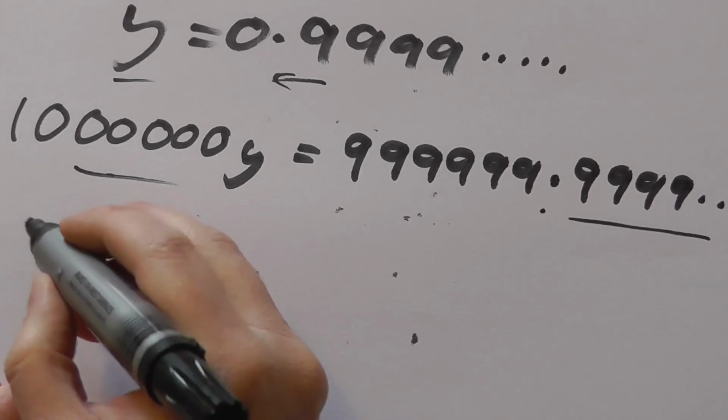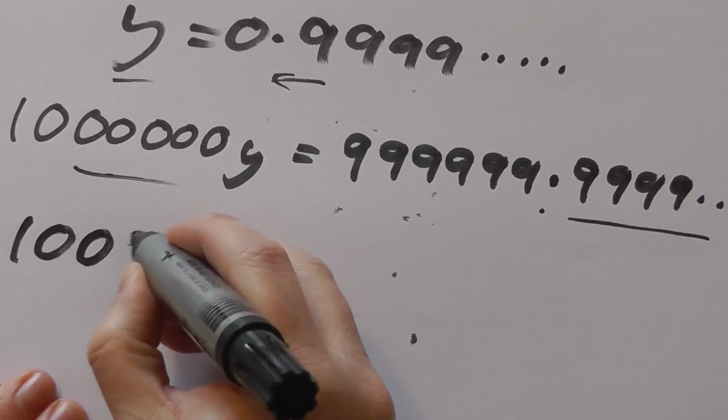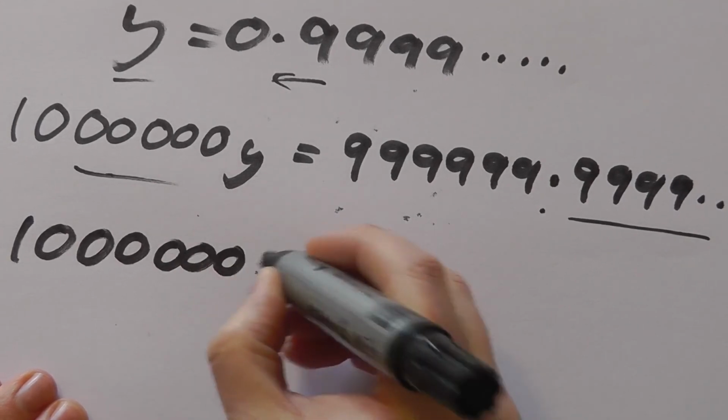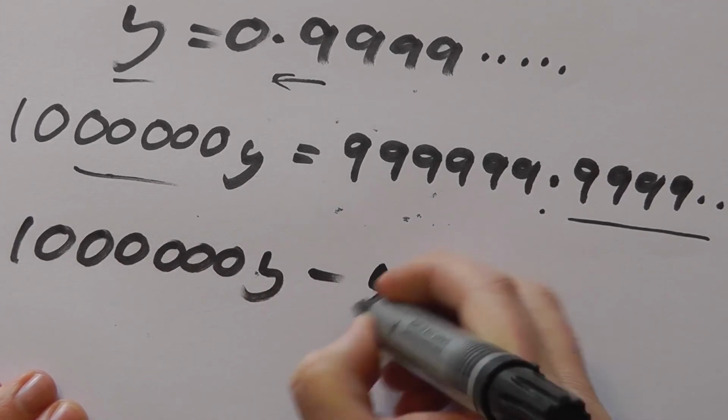So I suppose you could even do, what's a million y minus 1y?